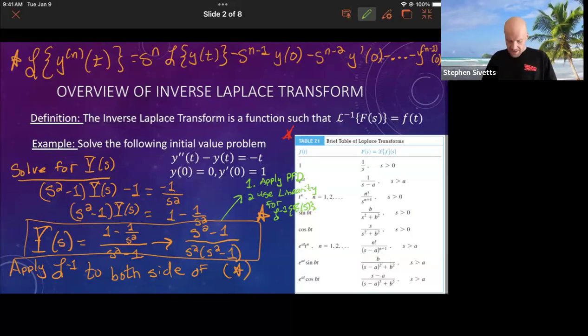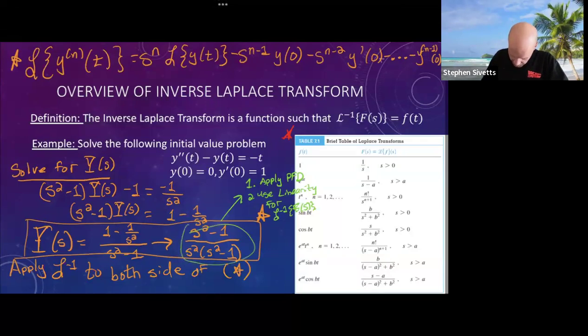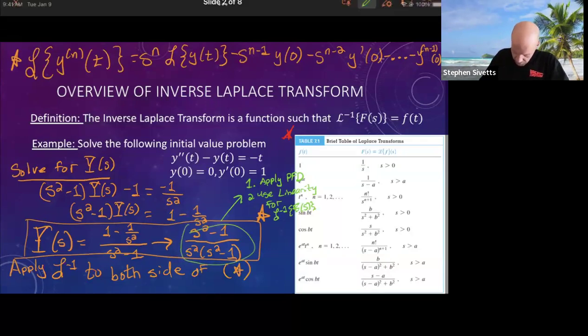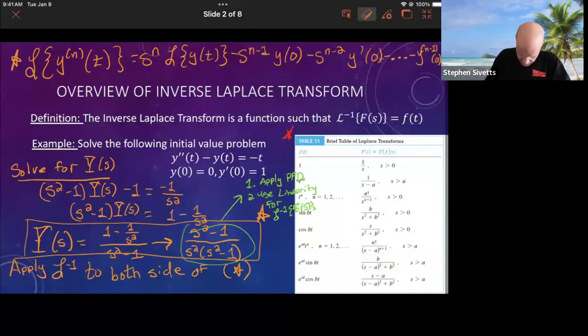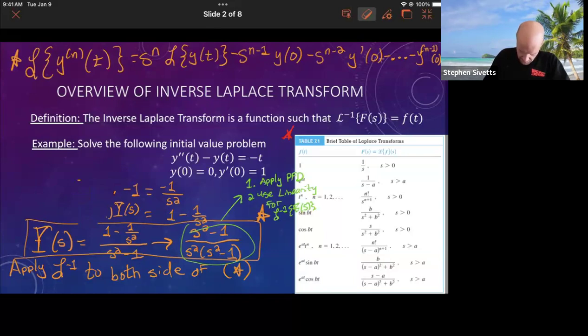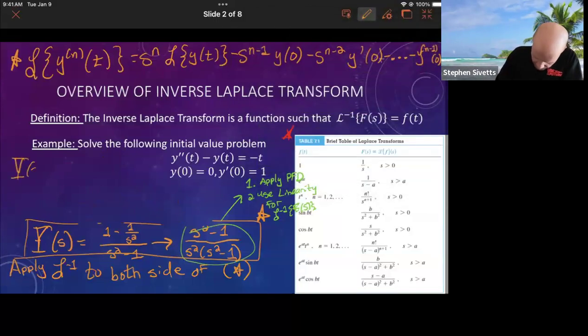In this example, if we factor the denominator of this right-hand side, capital Y of S is S squared minus 1 over S squared times S plus 1 times S minus 1.